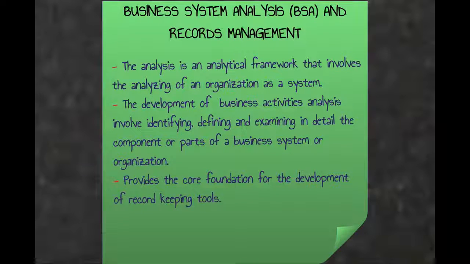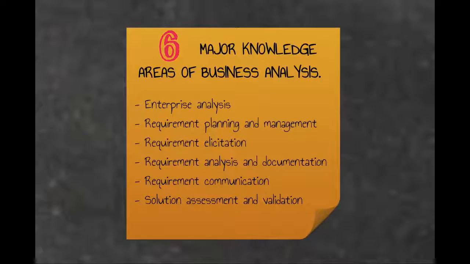It also provides the core foundation for the development of recordkeeping. There are 6 major knowledge areas in business analysis. Number 1, enterprise analysis, requirement planning and management, requirement elicitation, requirement analysis and documentation, requirement communication, solution assessment and validation.